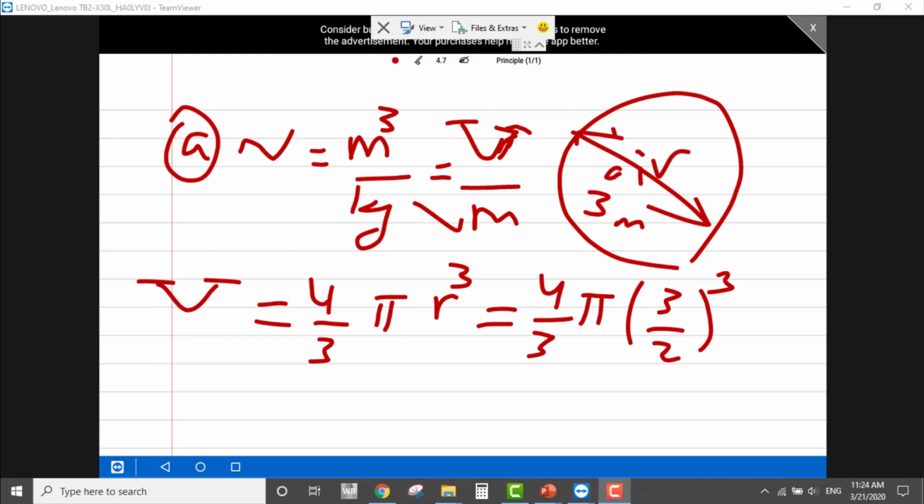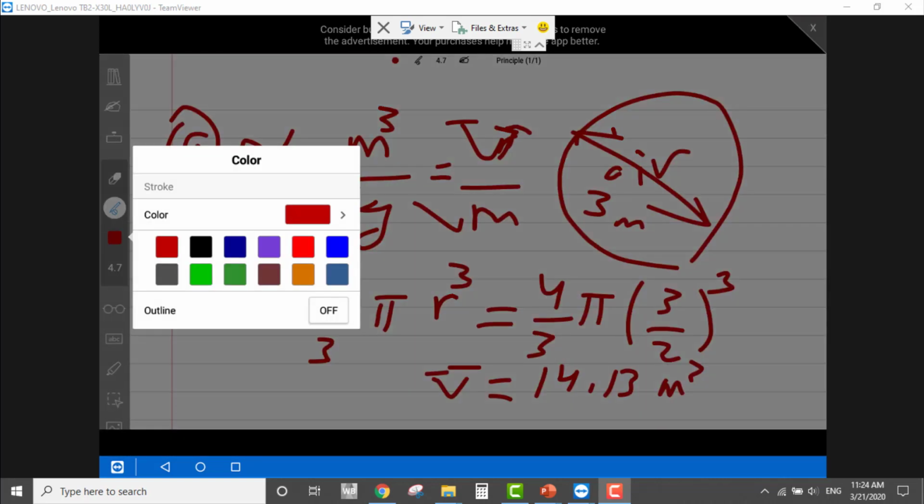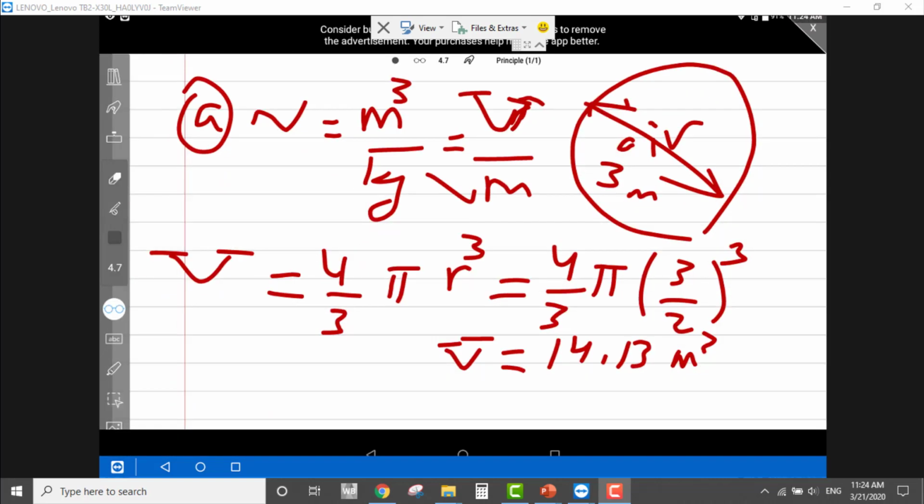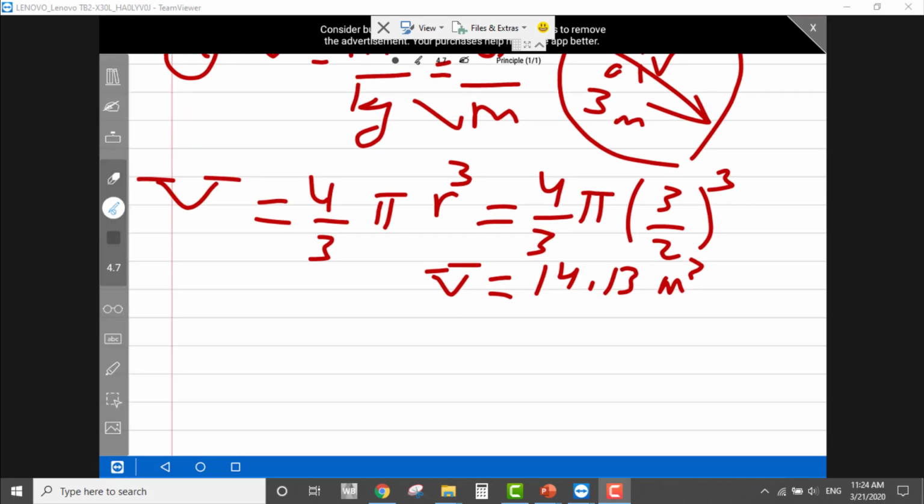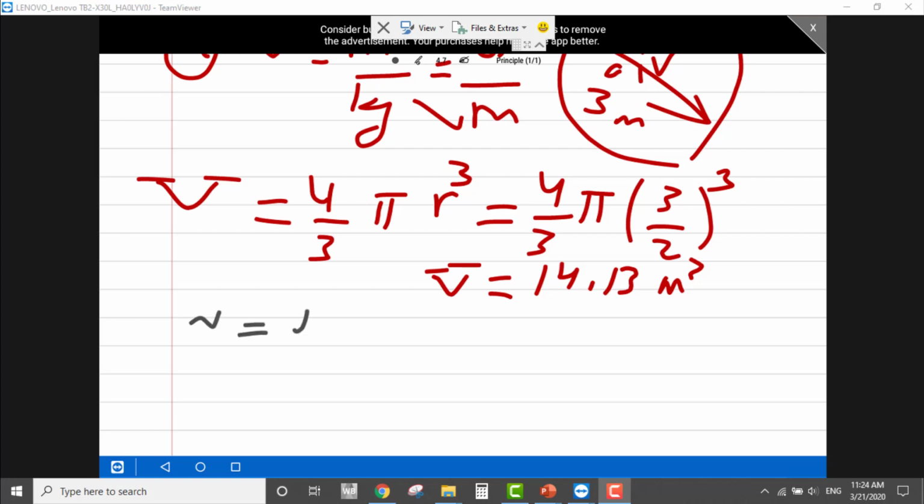If you calculate the volume, you will find out that this is 14.13 meter cube. This is the volume. Now specific volume equals volume divided by mass, and this is equal to 14.13 divided by the mass of the air enclosed in this shape, which is 16 kilogram.